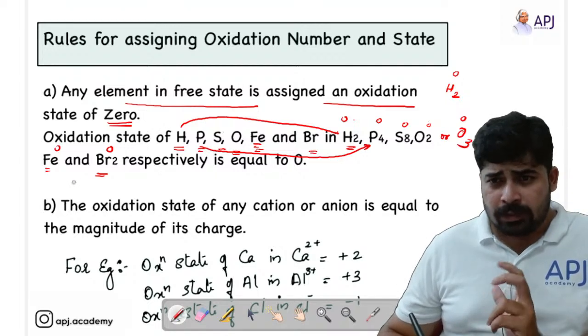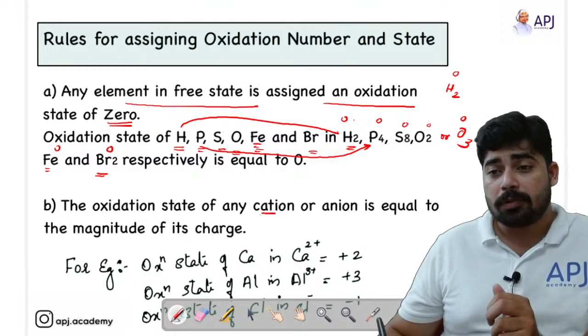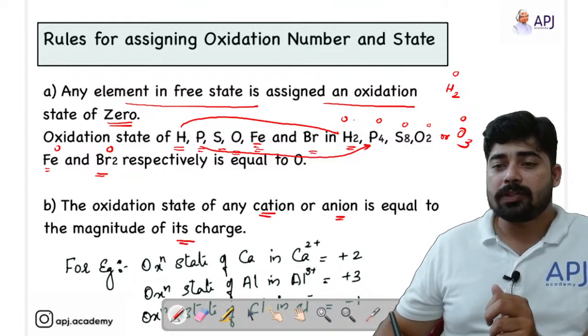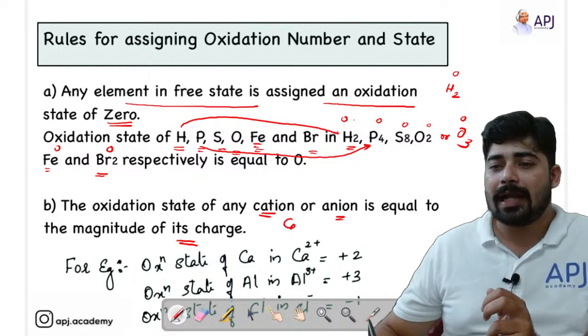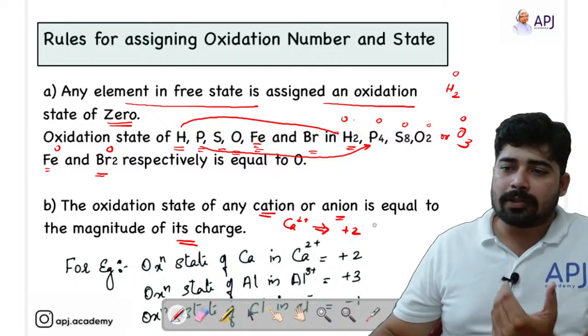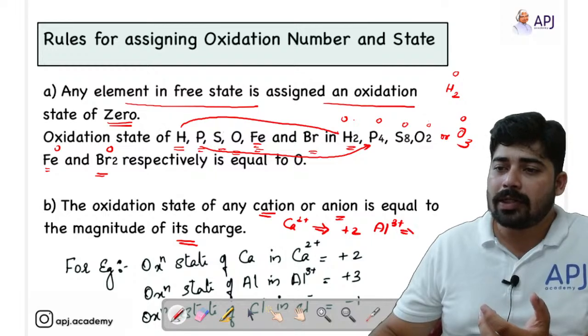Now the second point is that the oxidation state of any cation or anion is equal to the magnitude of its charge. If I ask what is the oxidation state of calcium in Ca2+, it is +2. What is the oxidation state of aluminum in Al3+? It is +3.